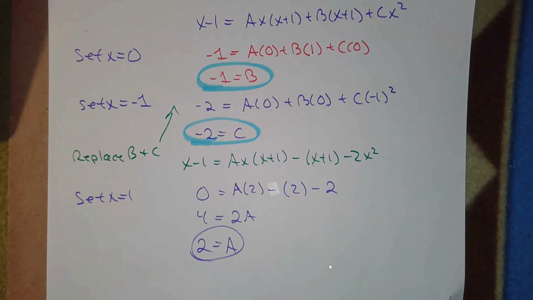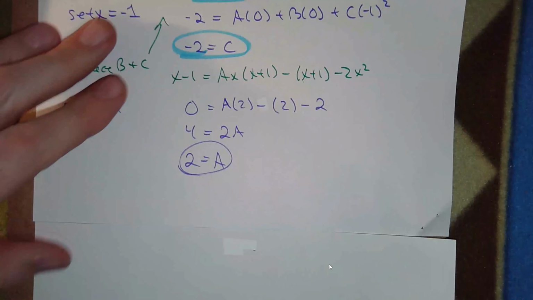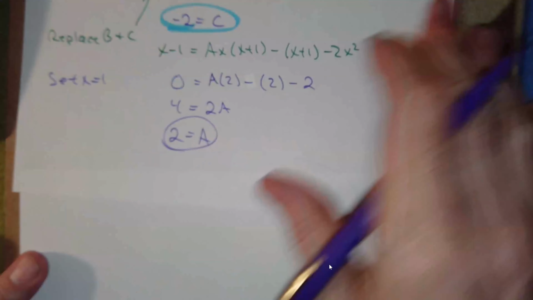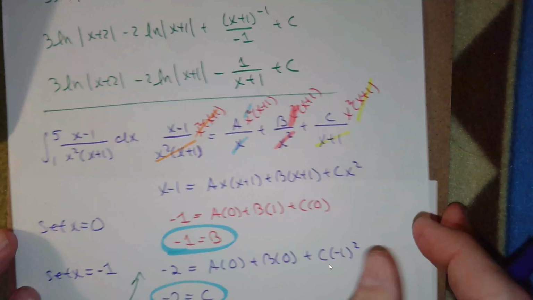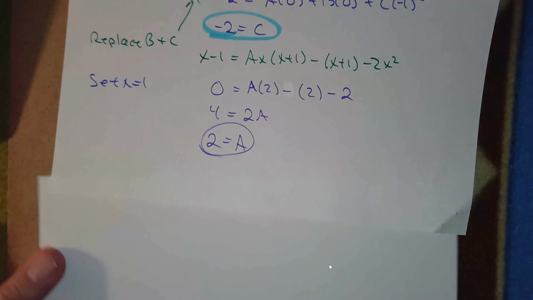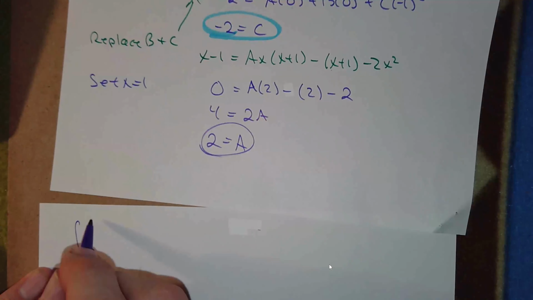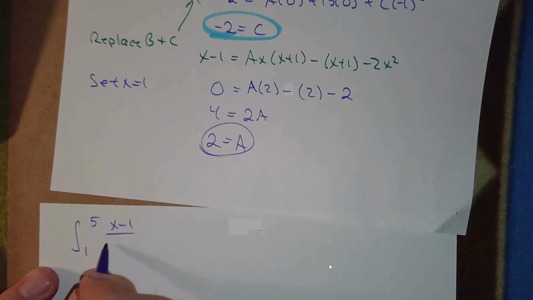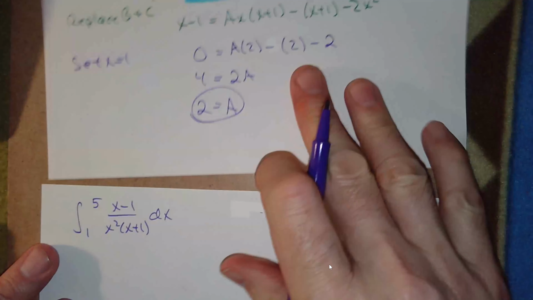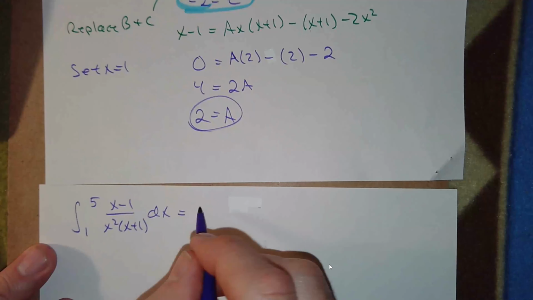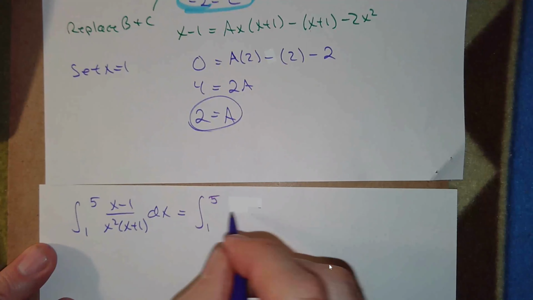Let's put those back into our problem and finish integrating. So be careful to line it up. A goes over the x, B goes over the x squared, C goes over the x plus 1. So the integral from 1 to 5 of x minus 1 over x squared times x plus 1 dx is going to equal the integral from 1 to 5.